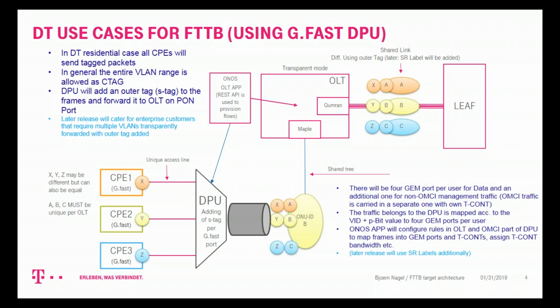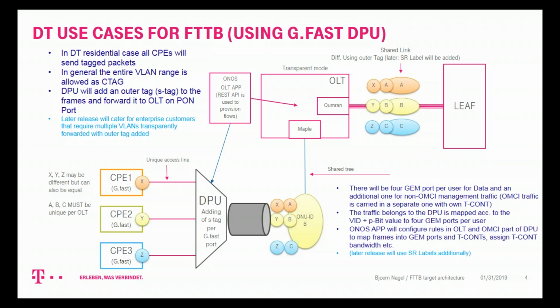Good point. As you can see in the comment at the very bottom, it is for a later release. The wish from our chief architect is to set it up in the OLT, that means on what is mentioned here as a Qumran. That could be another switching ASIC, of course, but that's the wish.